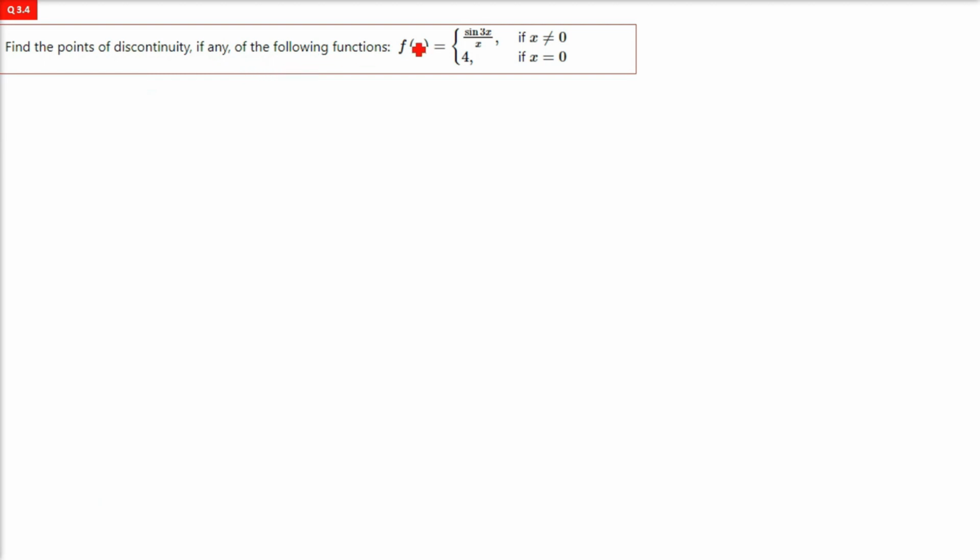Find the points of discontinuity, if any, of the following function. Now same discussion here. x equals 0 is the point of contention, and at x equal to 0 the value 4 is already there. Sine 3x is a sine function, so it is continuous everywhere. x is again an identity function, or you can call it a first order polynomial also.